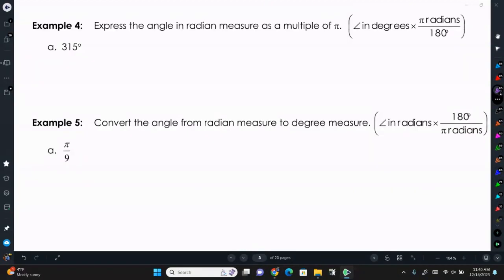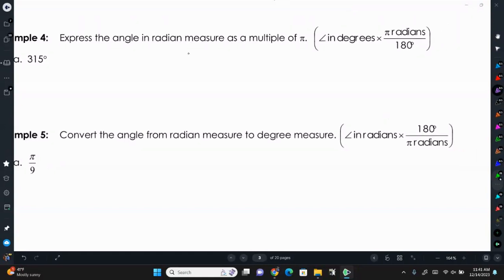So now we're going to figure out how we can convert from angle measures in degrees to radians and vice versa. Because if you've forgotten that, 315 degrees is 7 pi over 4, but if you know the conversion, you can still go forward with the problem. So from degrees to radians, we would use this formula.